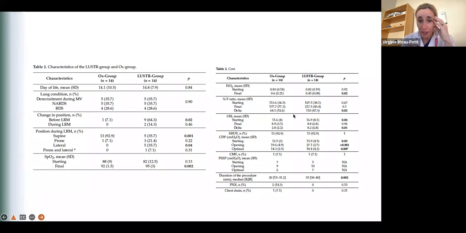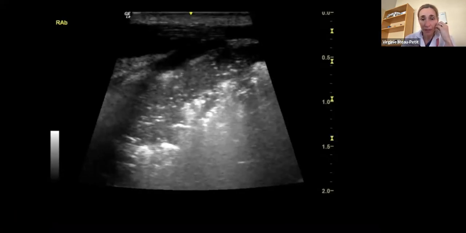Among all these results, it's interesting to see that the primary outcome, which was the SF ratio, SpO2 over FiO2, improved significantly more in the lung ultrasound group. So there was probably a better outcome.